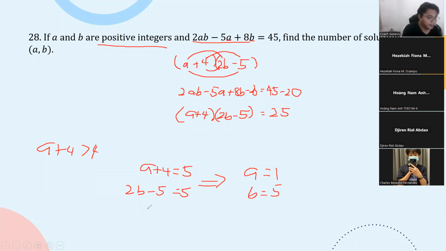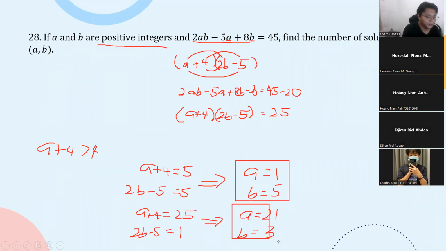The other one, if a plus 4 is equal to 25 and 2b minus 5 is equal to 1, then this becomes a is equal to 21 and b is equal to 3. So which means that the number of solutions (a, b) is equal to 2. So there are only two possible solutions. So the answer for number 28 is 2.